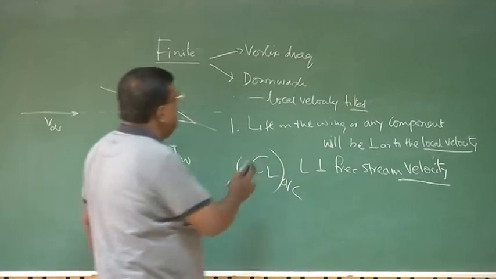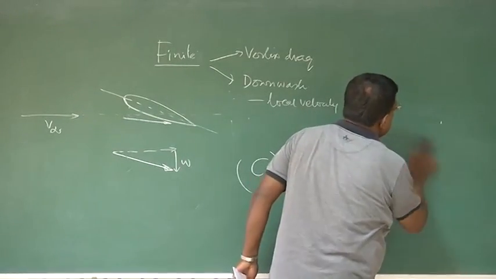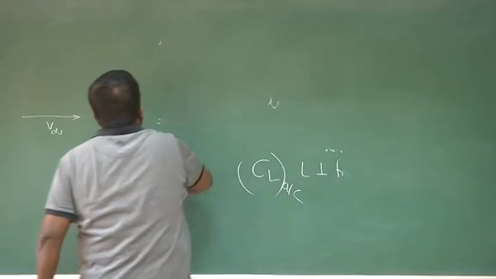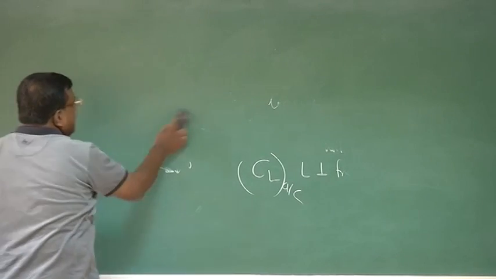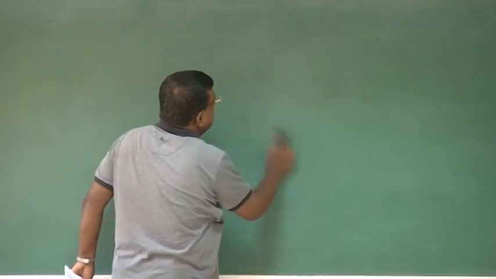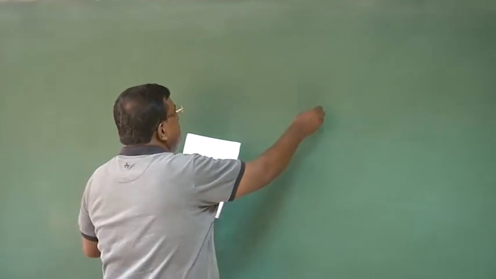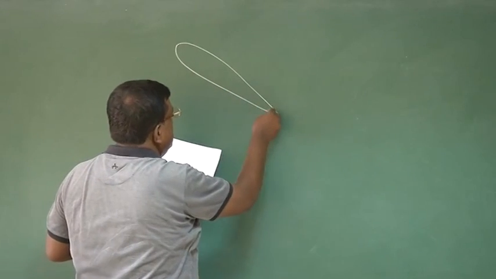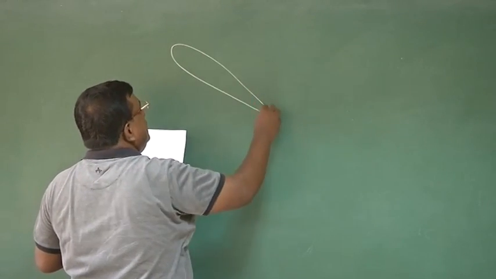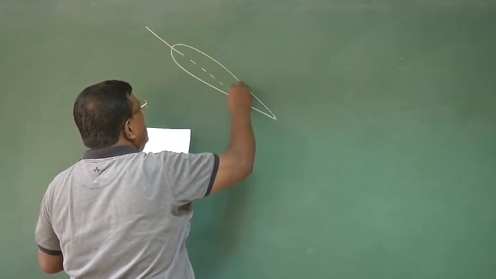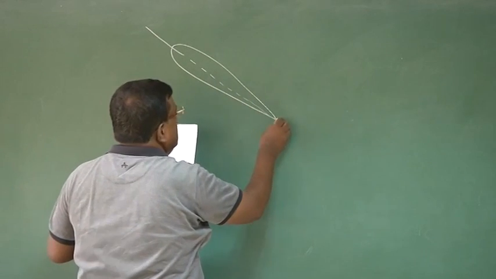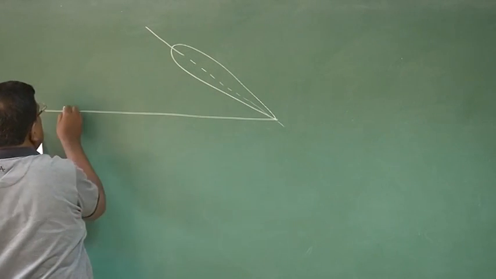So let us use this understanding and try to get an approximate expression for the induced drag. Let's say this is the lift of the wing, and this is your free stream velocity direction.